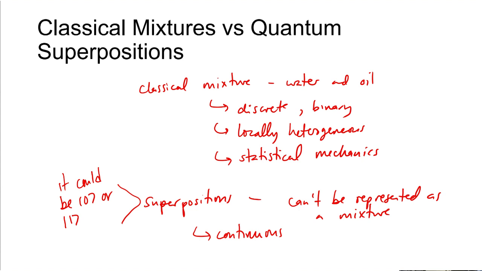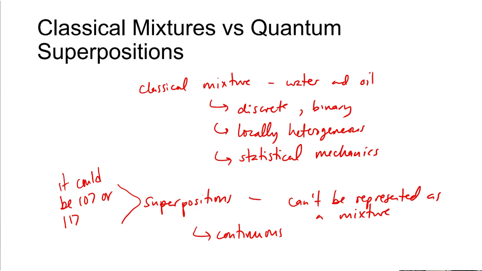So what about superpositions? How are they distinct? It can't be represented as a mixture. It's continuous, not discrete. Not A or B, it's A and B. So there are more than two options in a superposition, right?